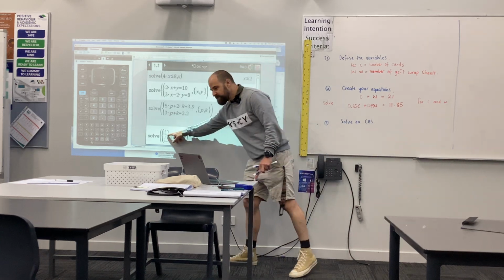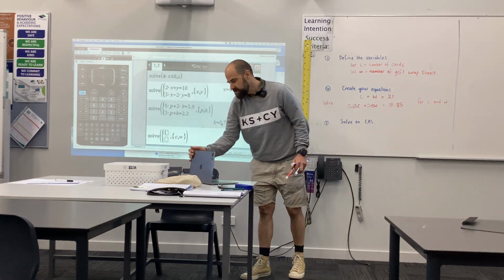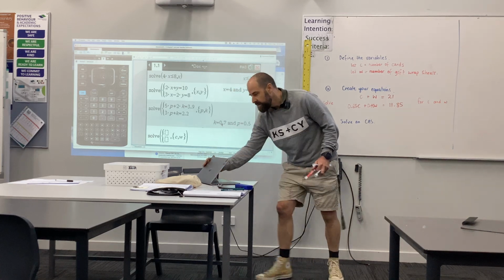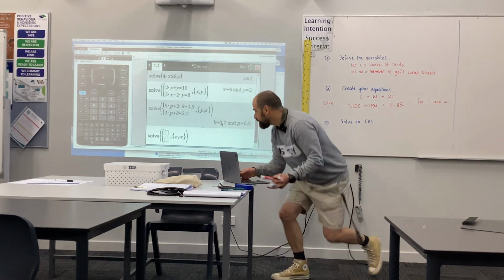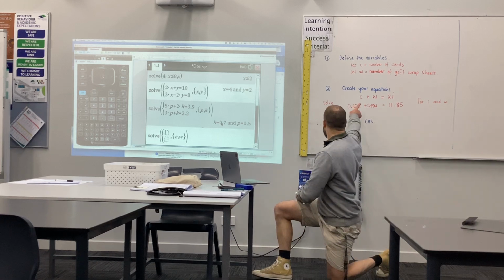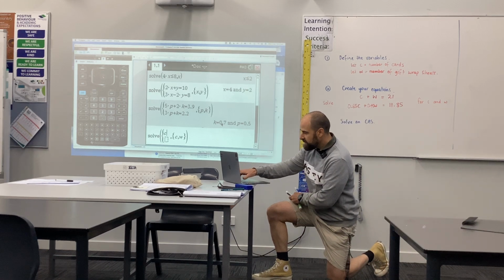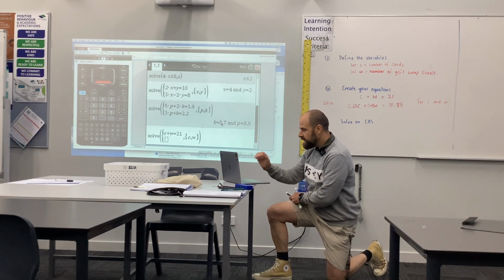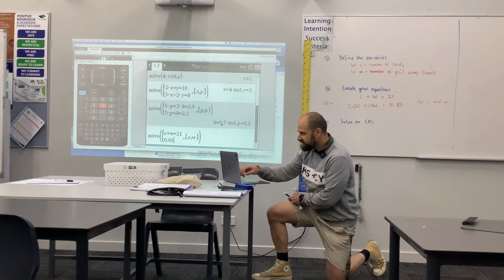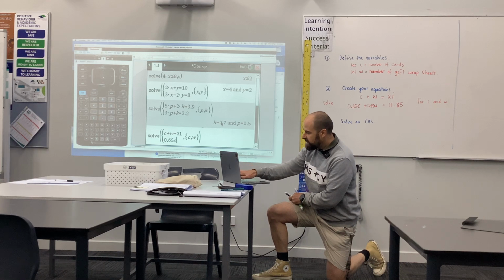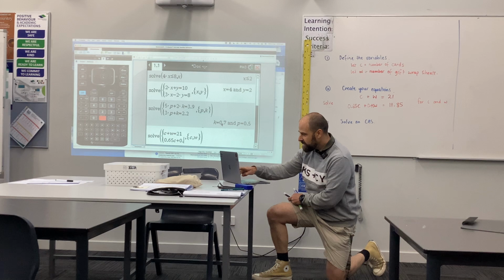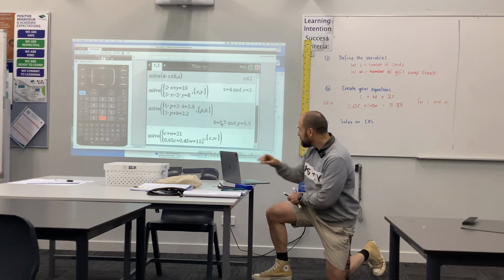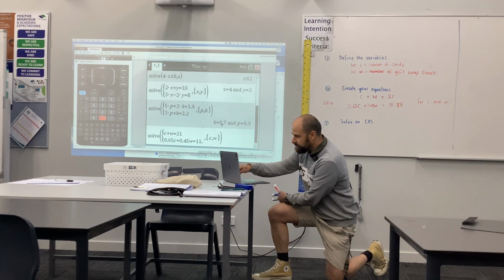The calculator gives me the template. Hopefully that's actually on here, not too low. No, it's there. And then we simply type it out. So C plus W equals 21. And then 0.65 C plus 0.45 W equals a total of 11.85.